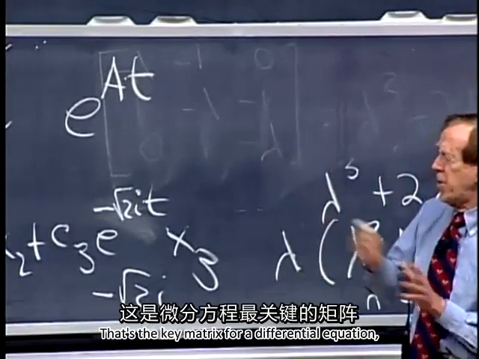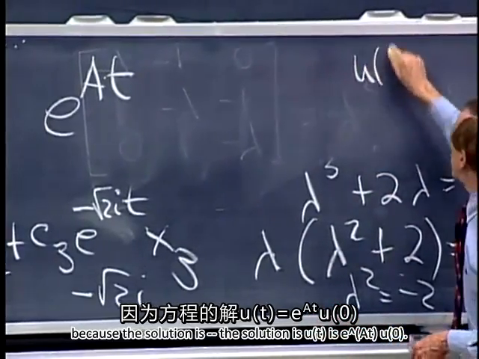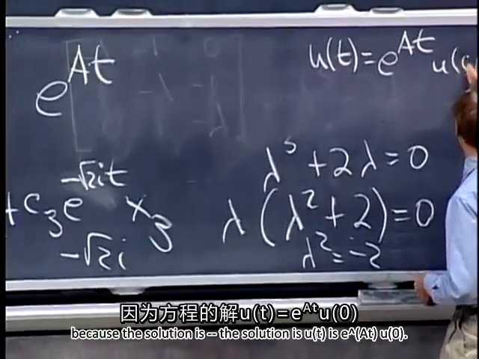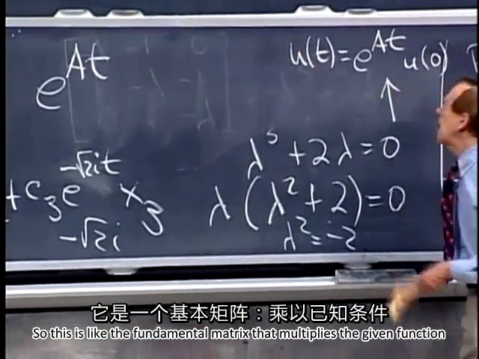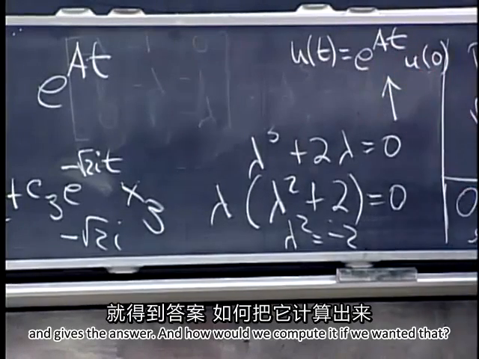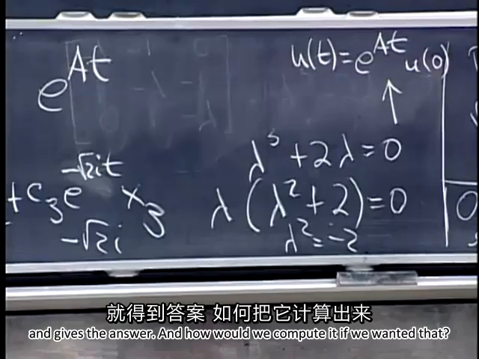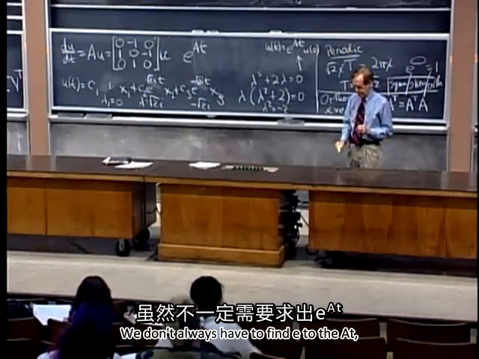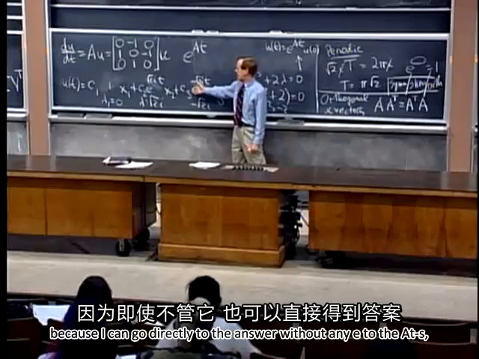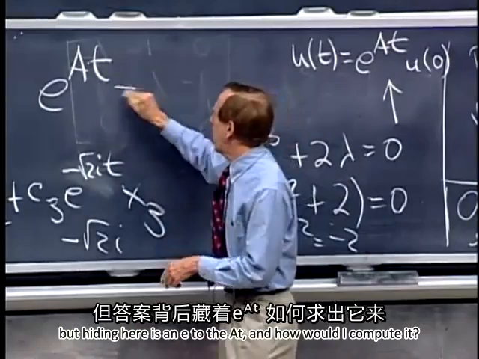That's the key matrix for a differential equation, because the solution is u of t equals e to the At u of 0. So this is like the fundamental matrix that multiplies the given function and gives the answer. And how would we compute it if we wanted that? We don't always have to find e to the At, because I can go directly to the answer without any e to the At's, but hiding here is an e to the At, and how would I compute it?